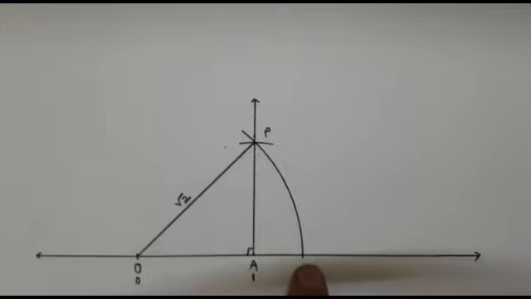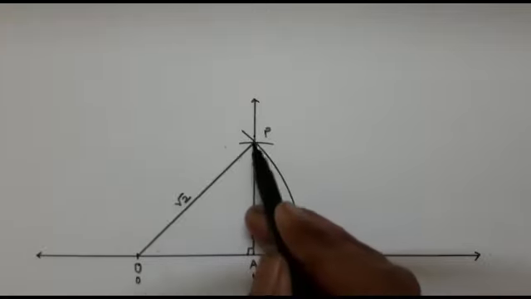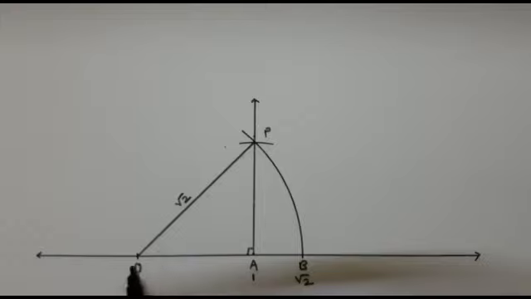Where this arc intersects, give the name B to this point and it is root 2. This distance is equal to this, that means distance OB is square root of 2. In this way we can draw the square root of 2 on the number line.